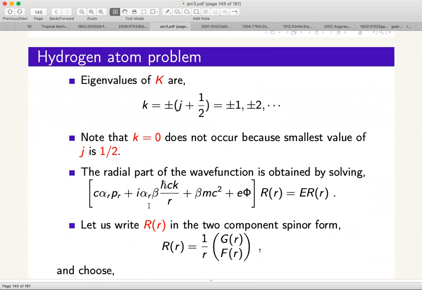So let's come back to the radial part of the problem. We have already replaced the sigma dot L plus H bar piece by the H bar times K operator, and then we have replaced the K operator by its eigenvalue small k.